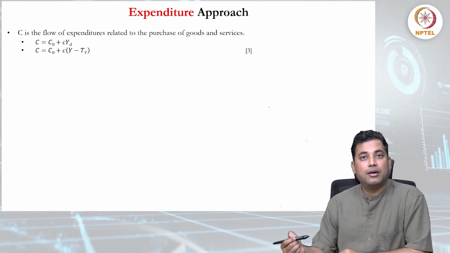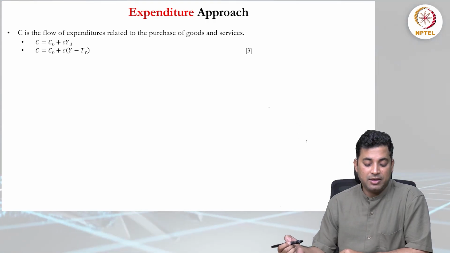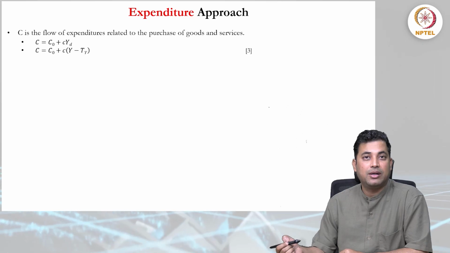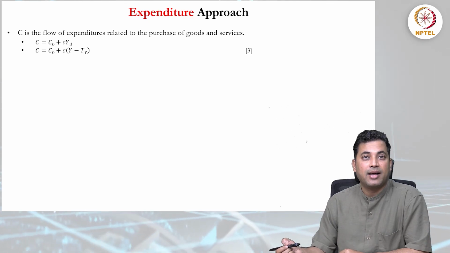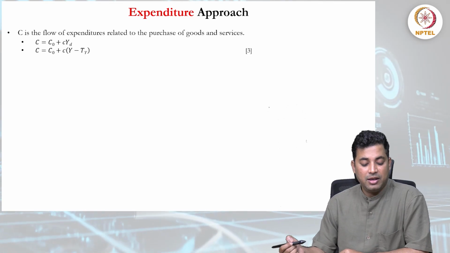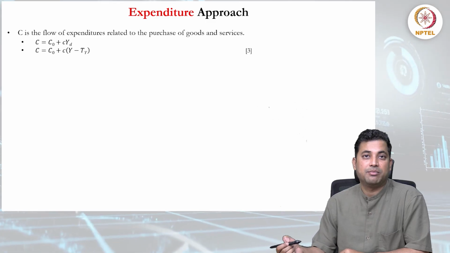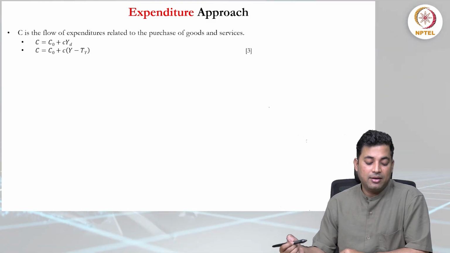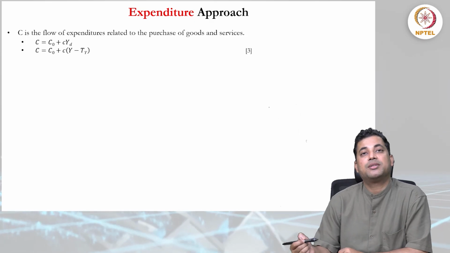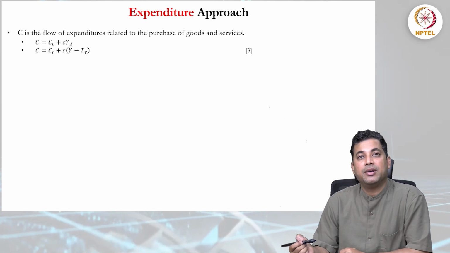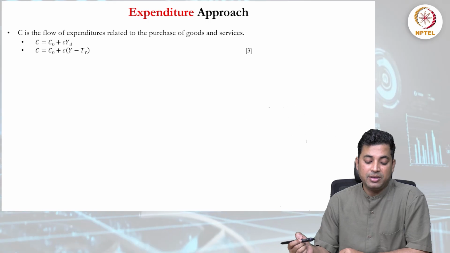In case of national consumption, it is the total tax on the national income. If you deduct that from the gross income, you will get the disposable income. And then C, the total consumption, is proportionately related to disposable income.